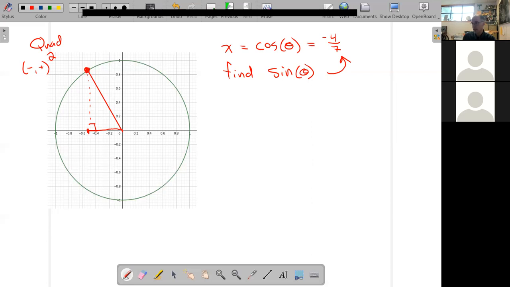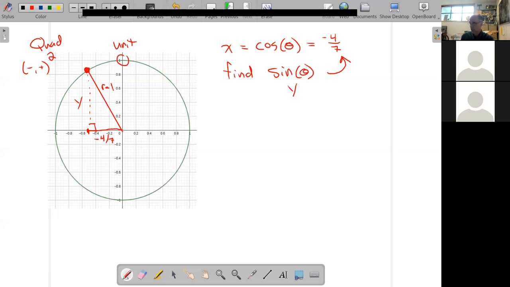And I know that this side of the right triangle, this leg, is -4/7. And I want to know what is this leg right here. Now, since this is the unit circle, I know the radius is equal to 1. So I have enough information on this triangle now to find the y value. And if I find the y value, then I also know the sine, because on the unit circle, y is the sine of theta.